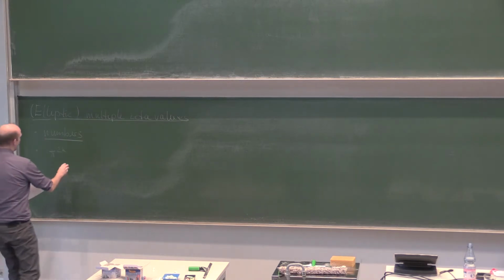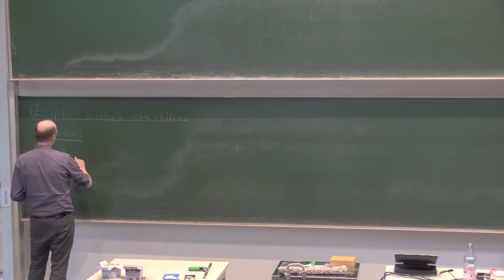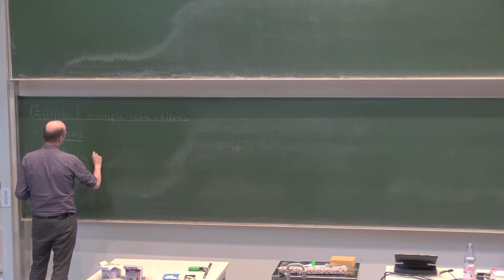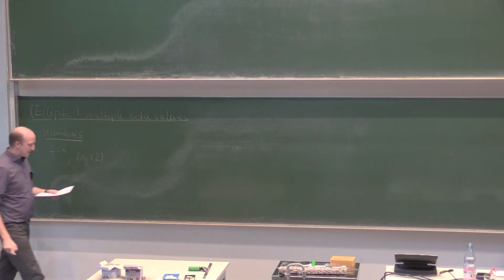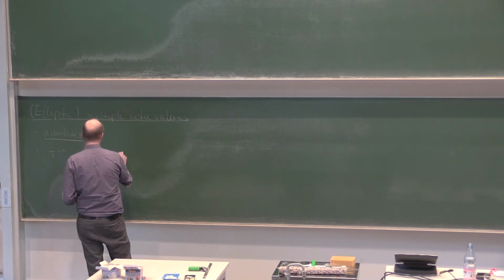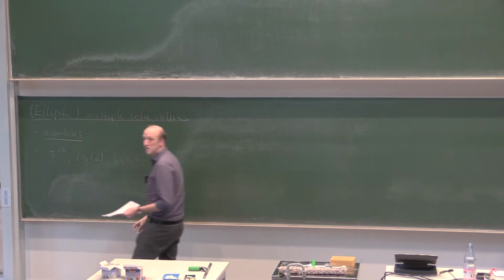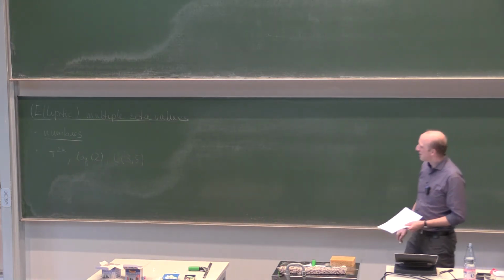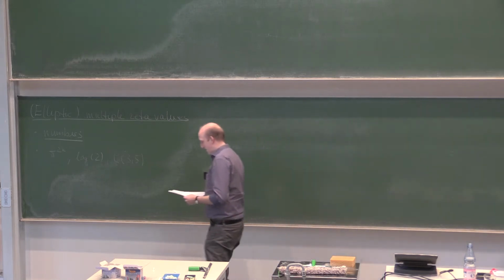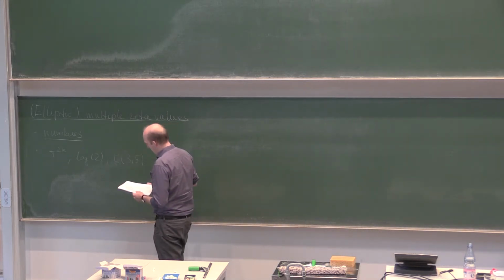So we can get something like pi to the power 2k. We can get a logarithm of 2, for example. We could get something which is called zeta 3,5 and will be one of the main players in exploring the multiple zeta values in the first two lectures.